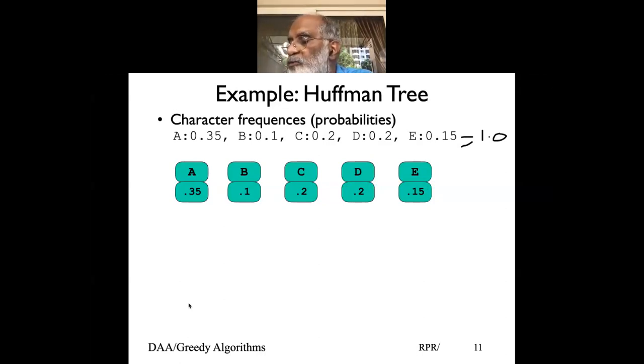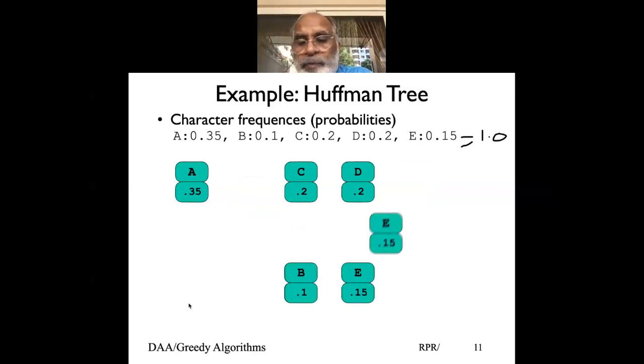One is B and the other is E. So we combine these two trees into a single tree with the nodes B and E, and the weight is 0.1 plus 0.15, which becomes 0.25.